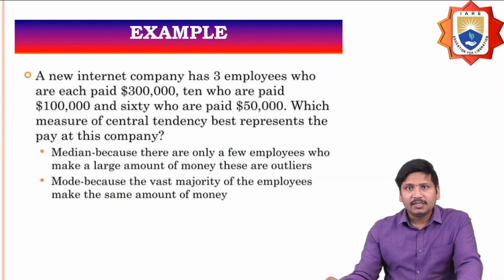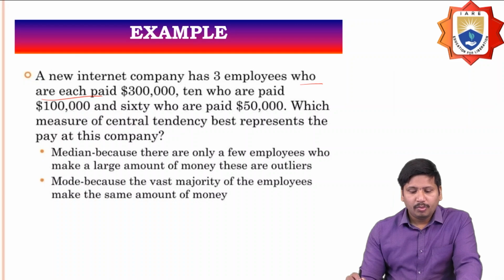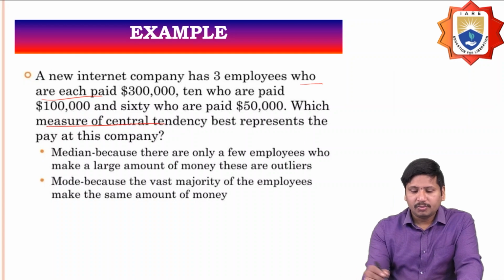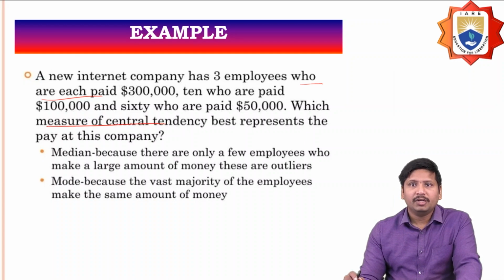So let us consider an example: a new internet company has three employees who are paid $3 lakhs, 10 people who are paid $1 lakh, and 60 people who are paid $50,000. Which measure of central tendency represents the best pay at this company?